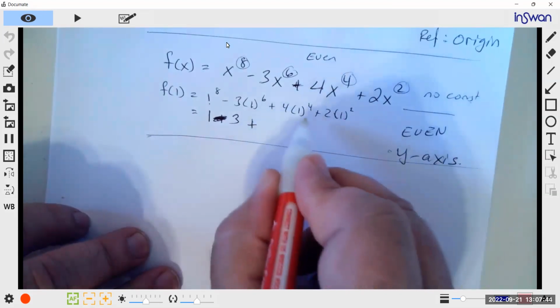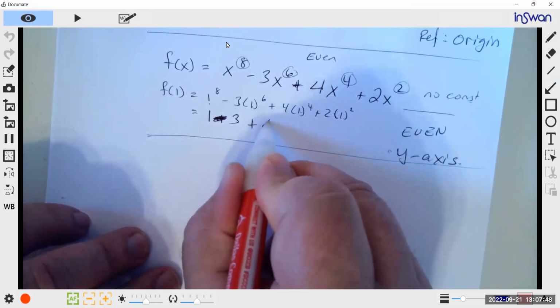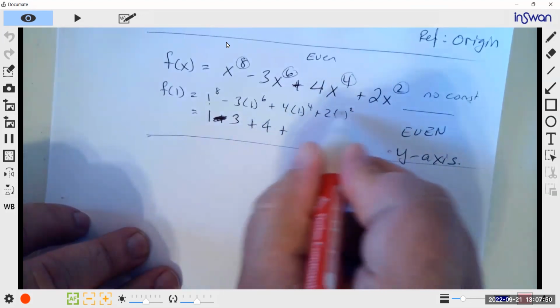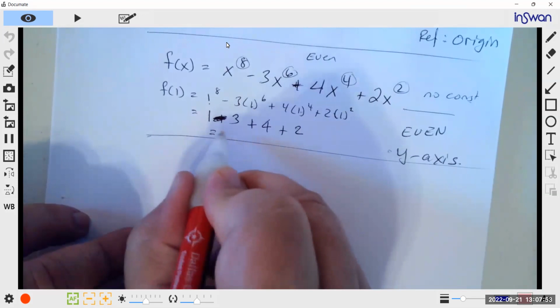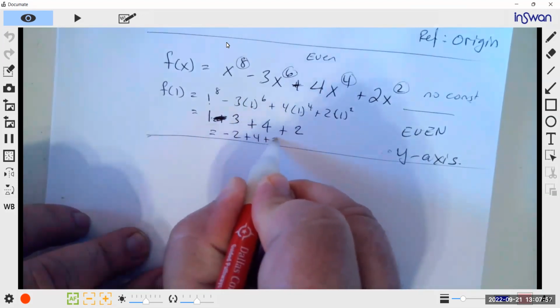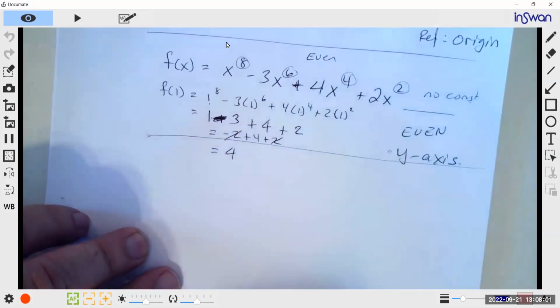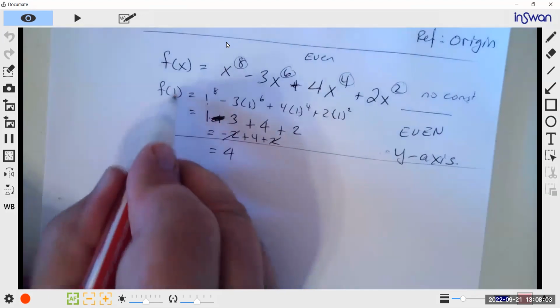Plus 1 to the 4th power is 1, 1 times 4 is 4. Plus 1 squared, so it's times 2. 1 minus 3 is negative 2. The 2's cancel, so it equals 4. That's what it is with positive 1.